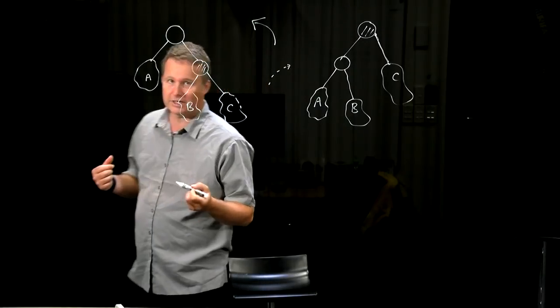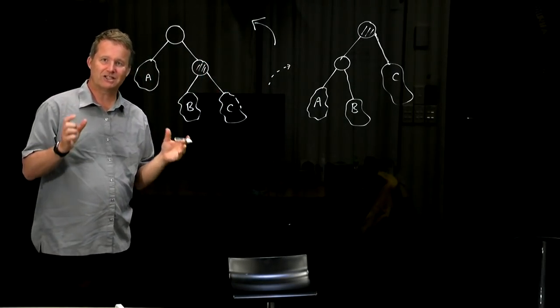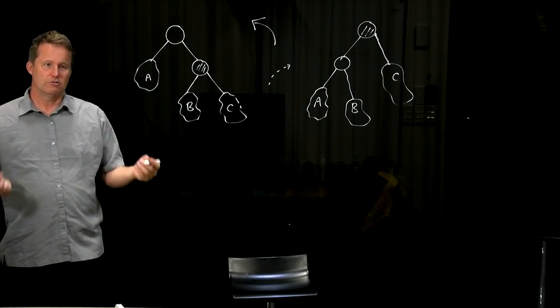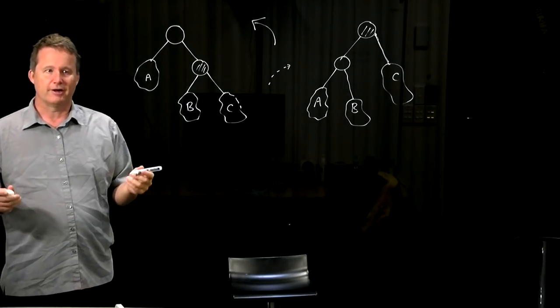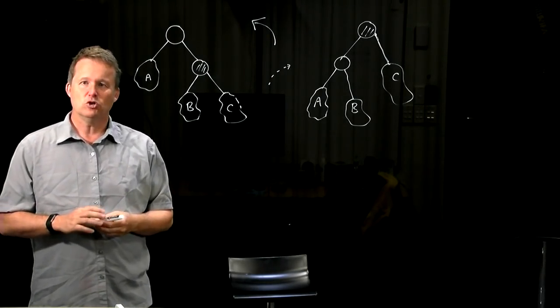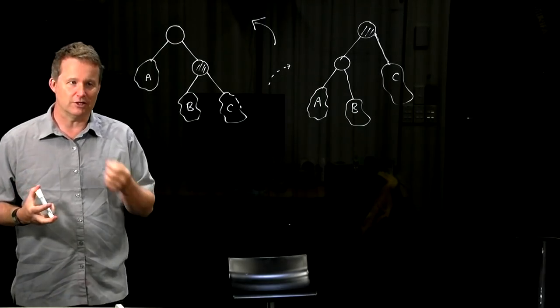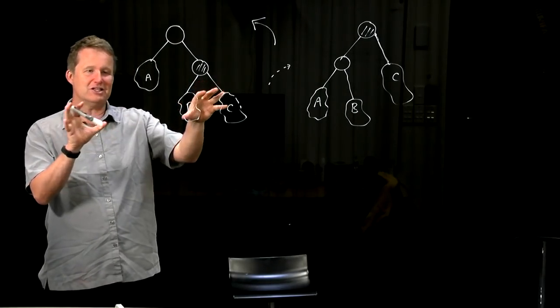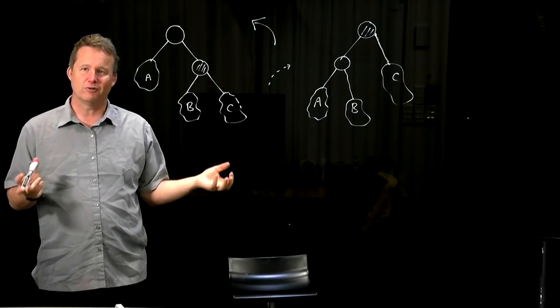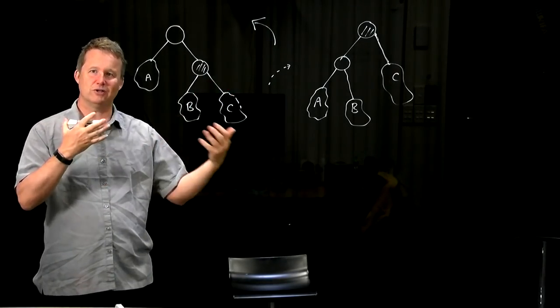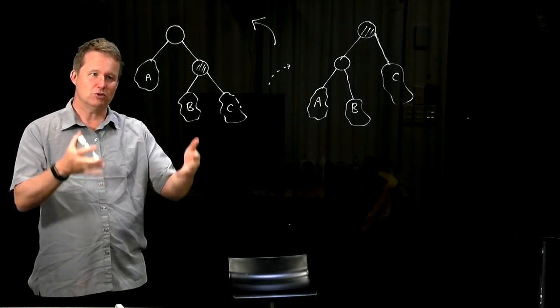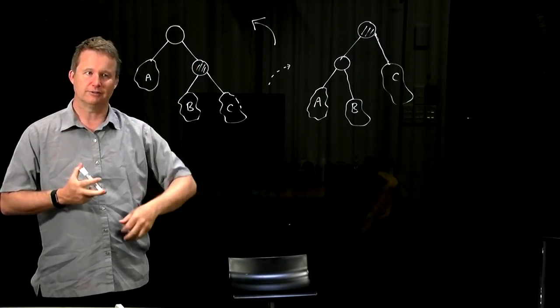So that basic operation of a simple rotation is actually the key to rebalancing binary search trees, and there's a huge number of different classes of trees which combine these rotations in different ways and have different rules for when you need to trigger them, because each time you do it there is some sort of cost, right?